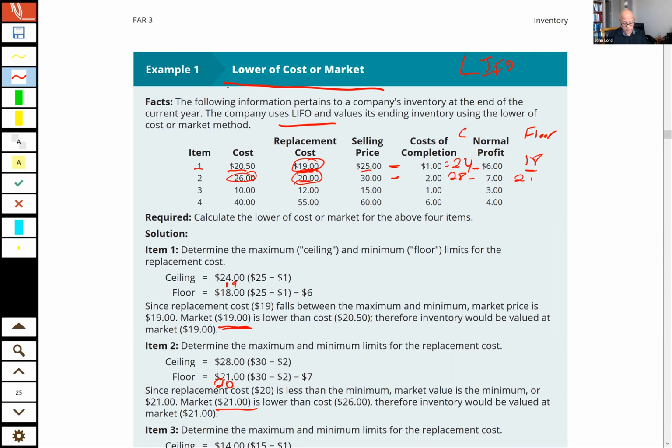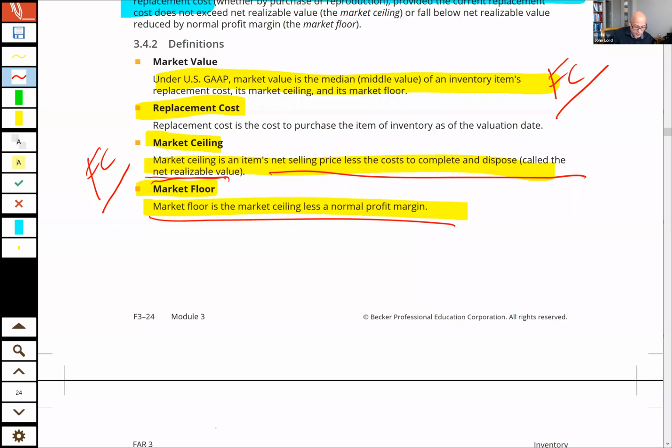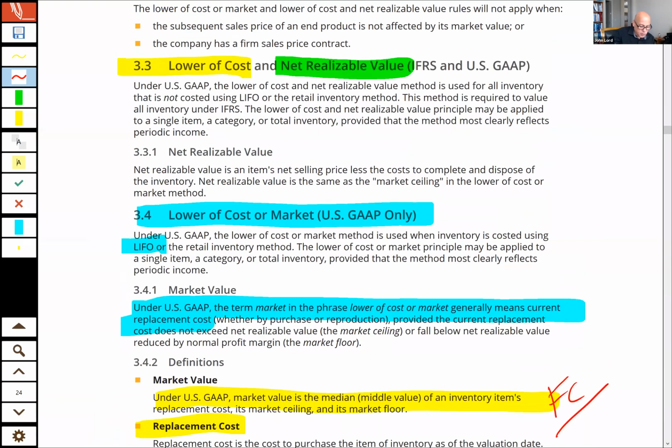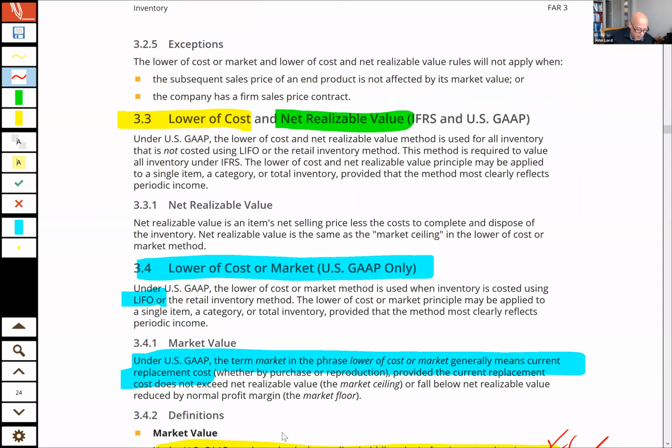Lower cost or market. Okay. Now that's how it works for LIFO. And LIFO is only used by US GAAP. So that's what you need to do when you're using LIFO.